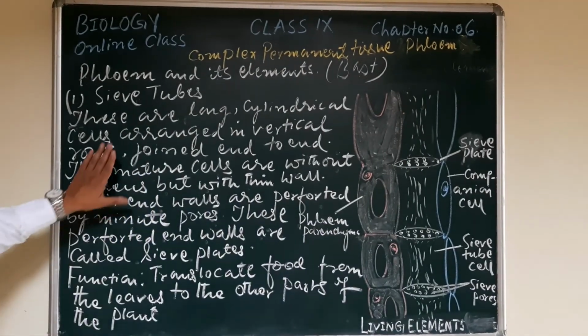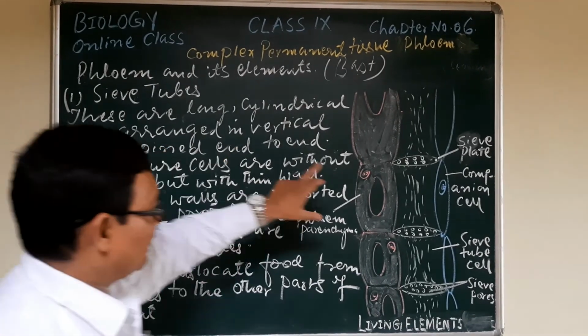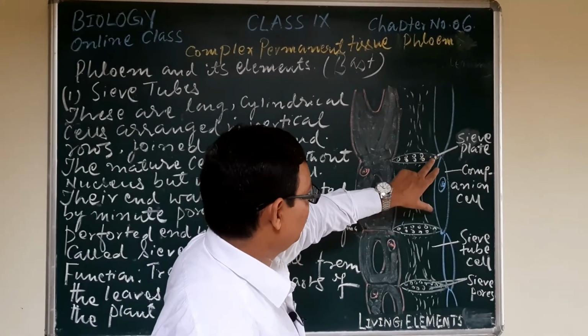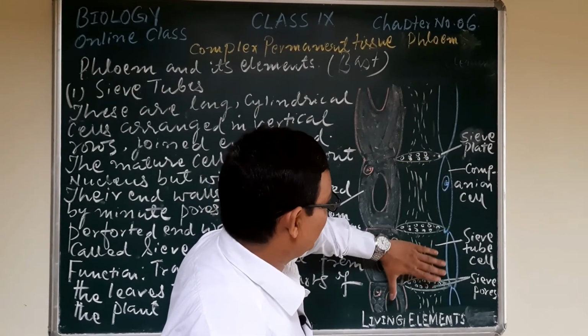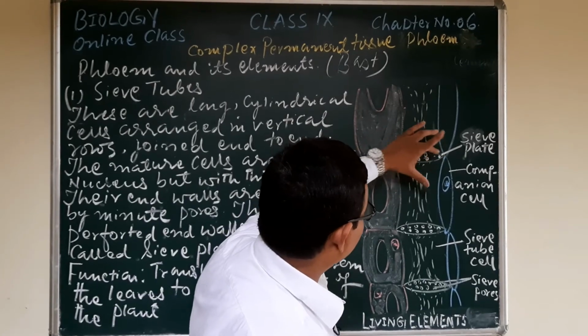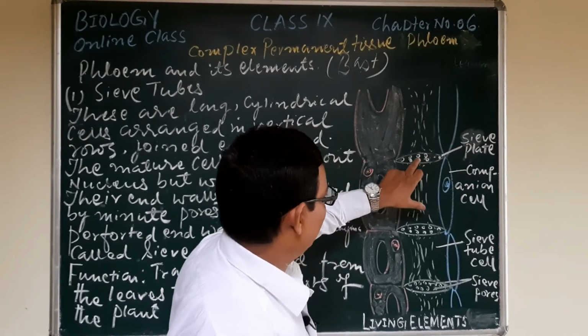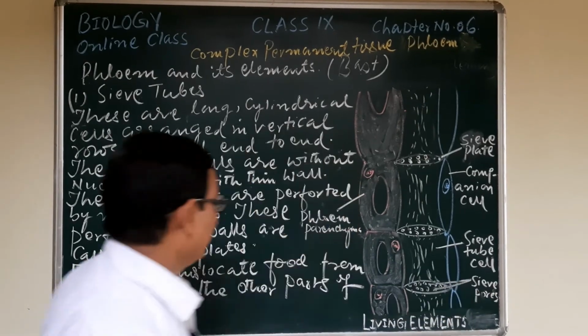There are perforations at the end of the cell; this perforated part is the sieve plate, and the pits are known as sieve pores.